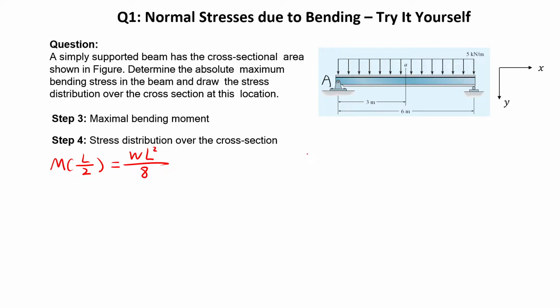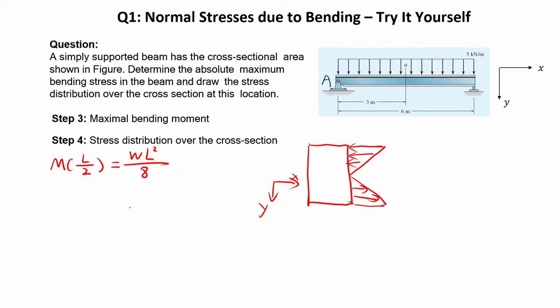And we know for a beam, if it is a rectangular shape, it will follow the notations as we mentioned. It will have the maximum tensile stress at the edge and maximum compressive stress at the top.